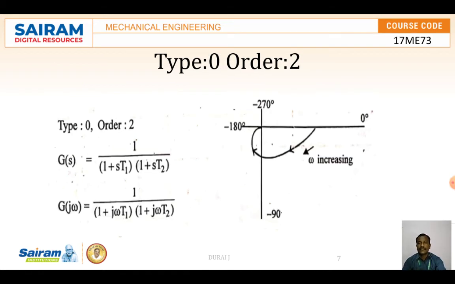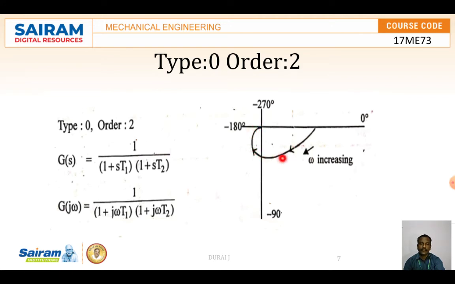The next one, type 0, order 2. Here you can see the same type of G(s) = 1 / ((1 + sT1)(1 + sT2)). Here again we are substituting this equation, and from the curve in the down, like this manner, it becomes over here.